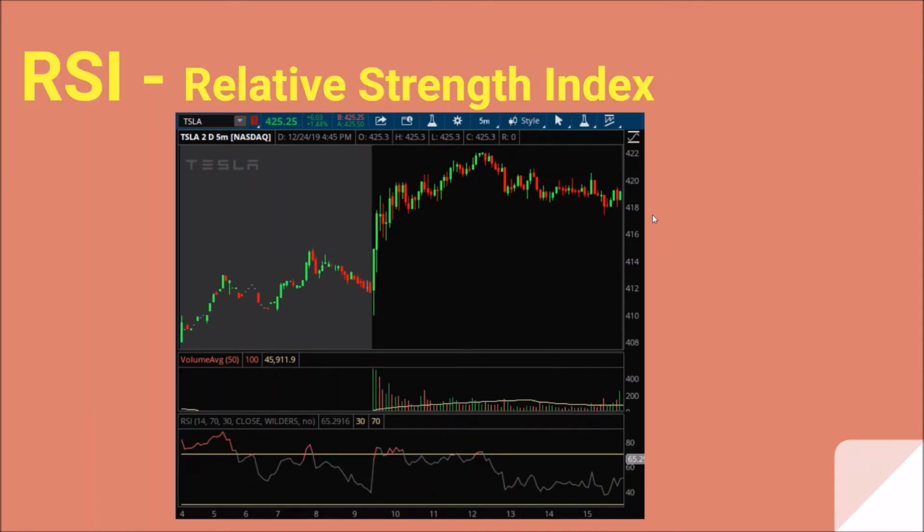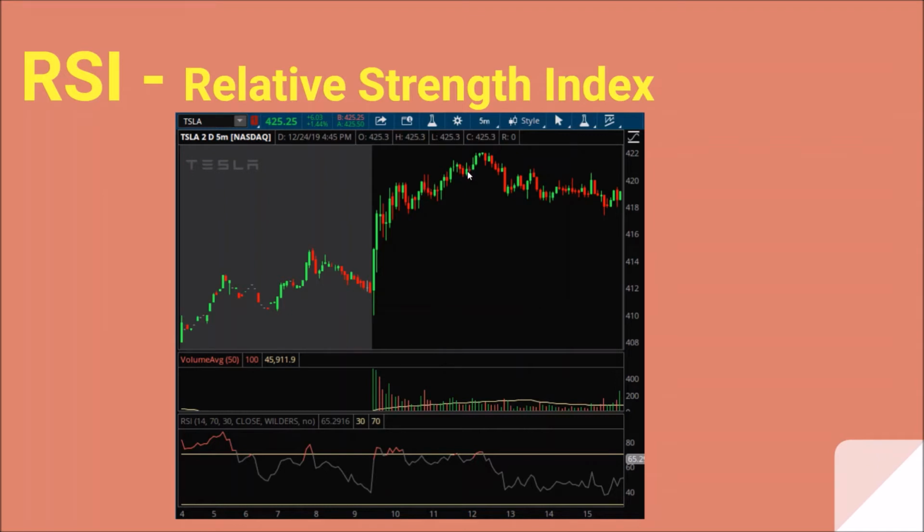The next one is RSI, Relative Strength Index. When the RSI is overbought, that means price is almost stopping. It's time to exit the long trade. But in this case, already at the open, the RSI is overbought, but the price kept on going and uptrending and kept on making higher highs.